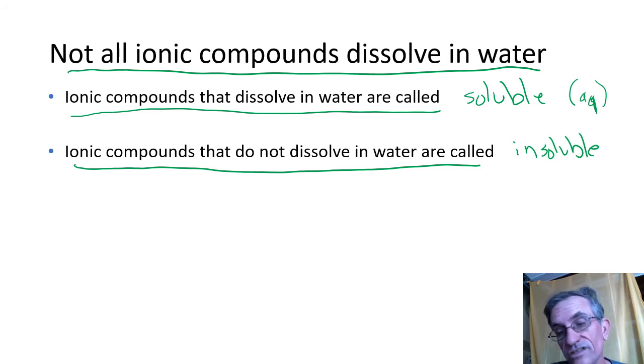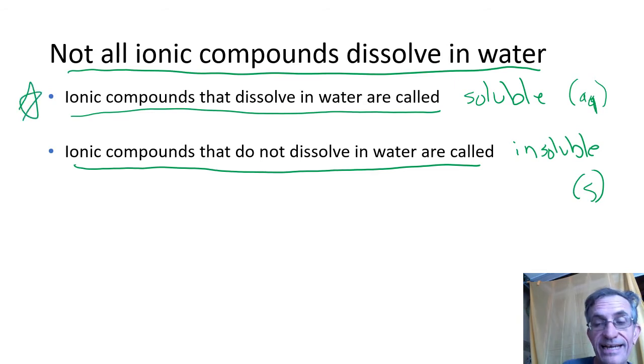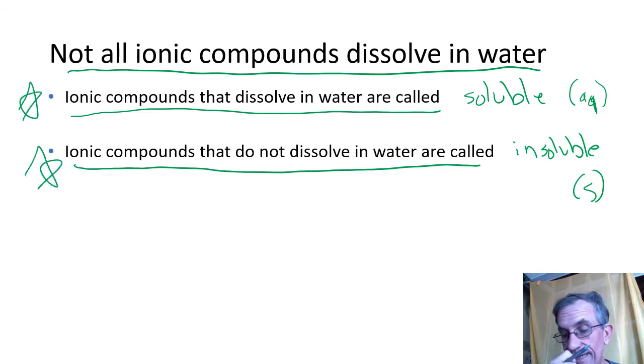That's another way of saying you stay together. You'll see an S. So what we're going to need to be able to understand to write out this next kind of reaction is to decide, are you a thing that dissolves, or are you a thing that doesn't dissolve? And there are some rules that help us understand that.